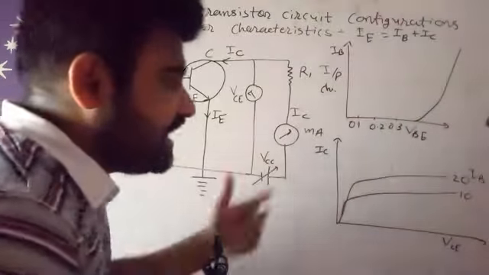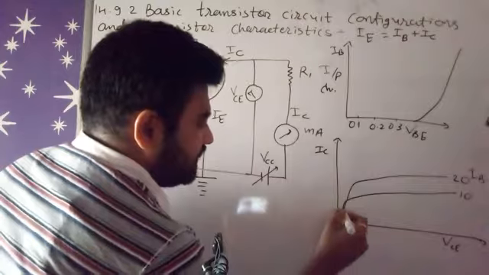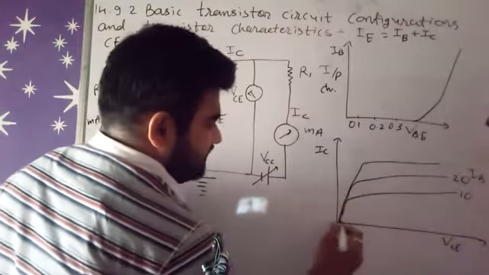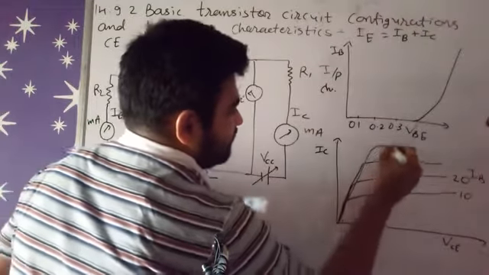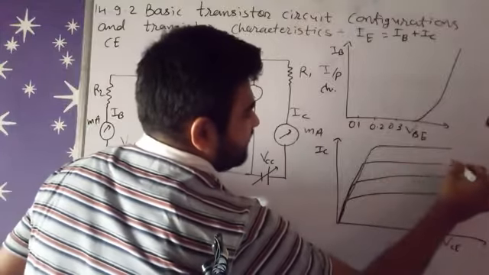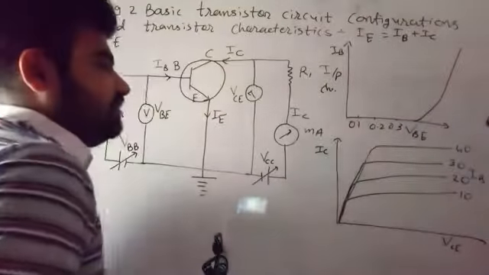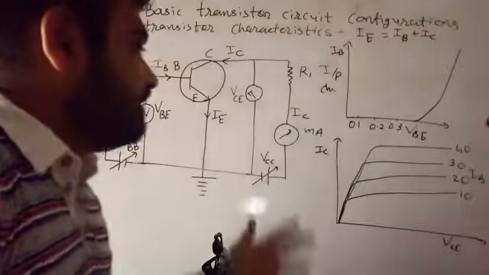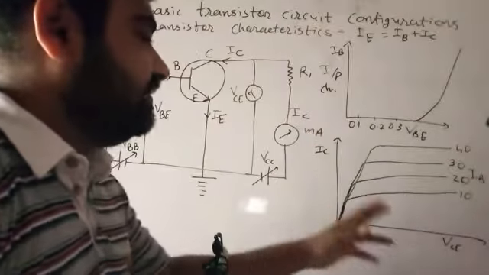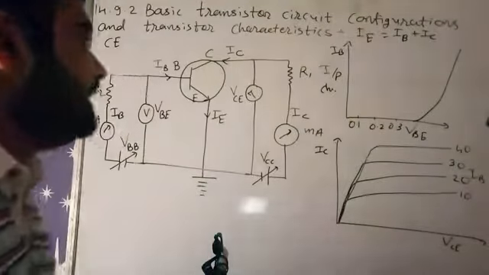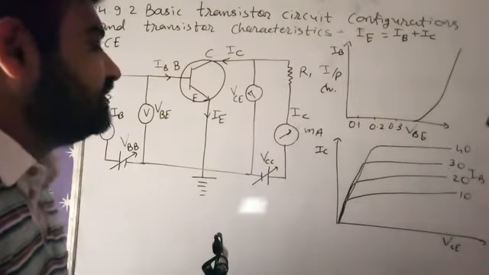We change IB, and then we get IC and VCE. The graph should be like this. This is 30, this is 40. As we change IB, we get different characteristics of IC versus VCE. That is the output characteristic.